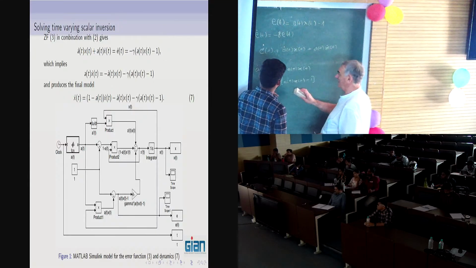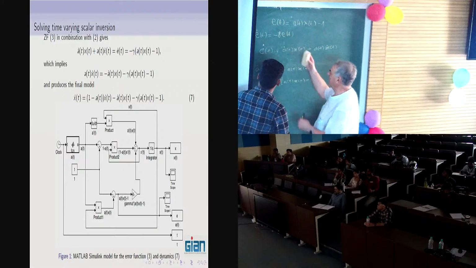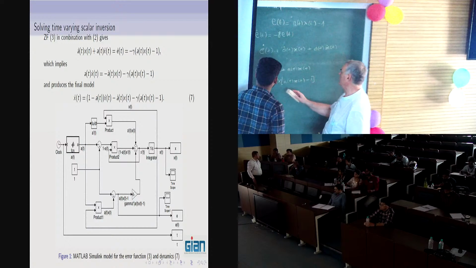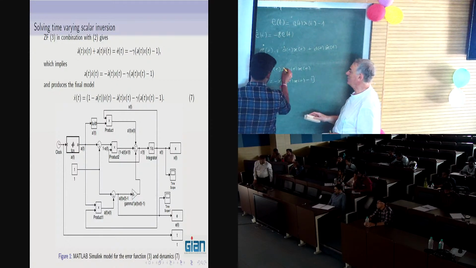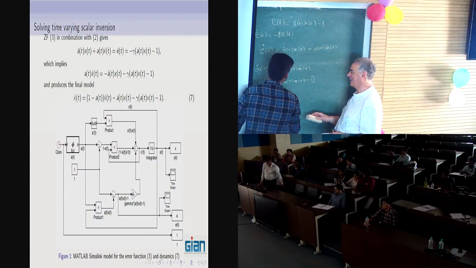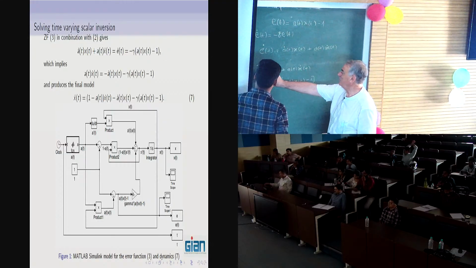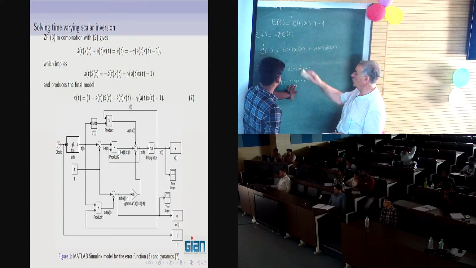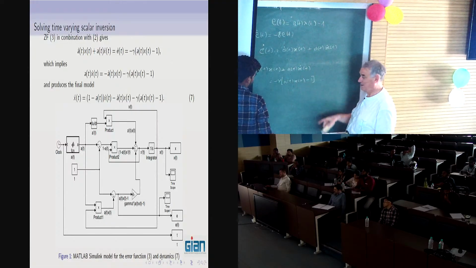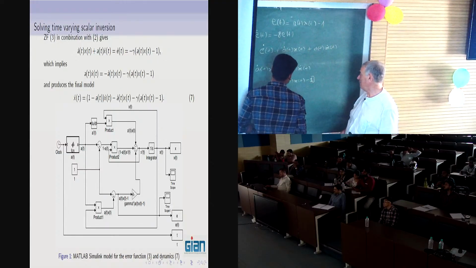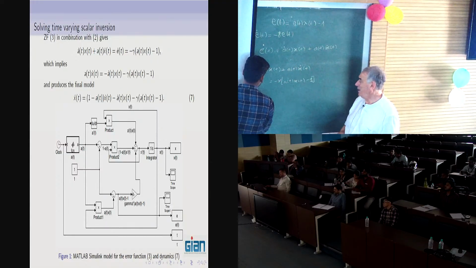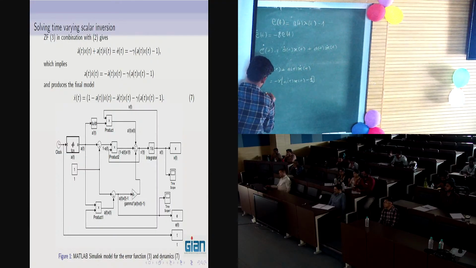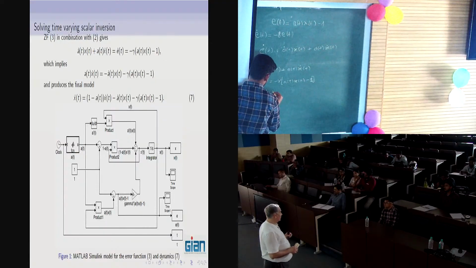Combining, we get E dot of t equal to minus gamma E of t, which is the model applied. It is the implicit form of an ordinary differential equation.